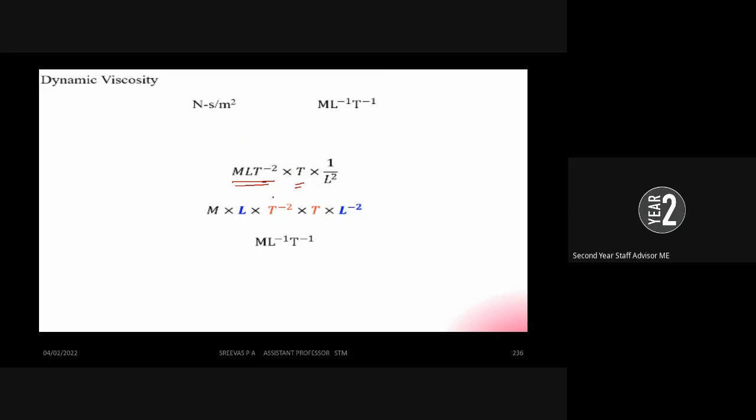So MLT raised to minus 2 into T, and L square goes to the numerator and becomes L raised to minus 2. So finally, M is there, L into L raised to minus 2 becomes L raised to minus 1, and T into T raised to minus 2 becomes T raised to minus 1. The dimensional formula for dynamic viscosity will be ML raised to minus 1 T raised to minus 1.